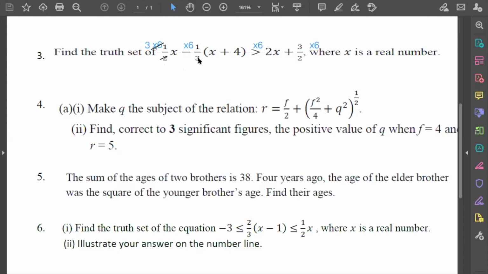Good. Now, how many times is 3 going into 6? Twice.